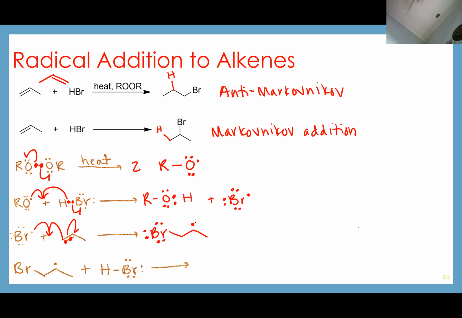And then in our last step, we have our radical, we have some more HBr. We form a bond between the carbon and the hydrogen. Put the other part of the bond onto the bromine. And we end up with our final product.